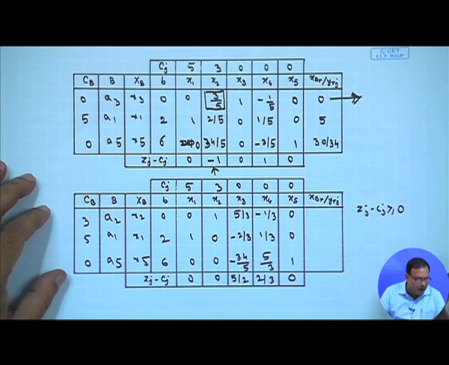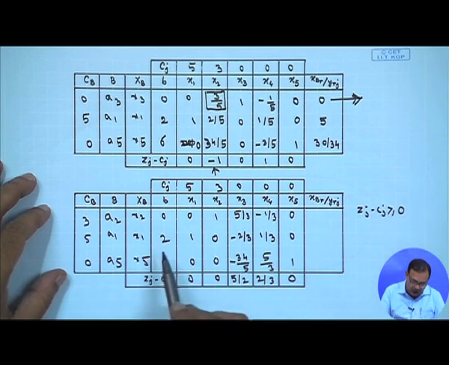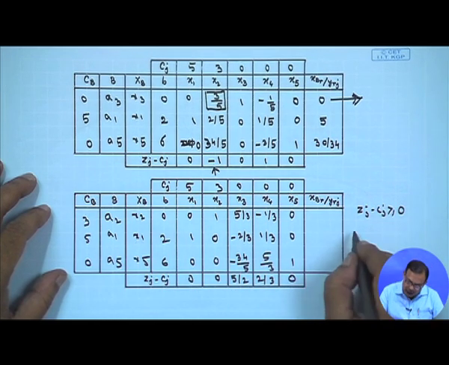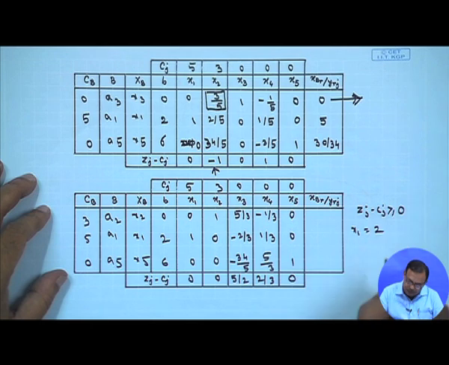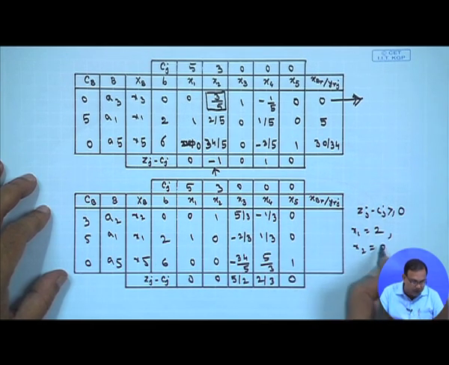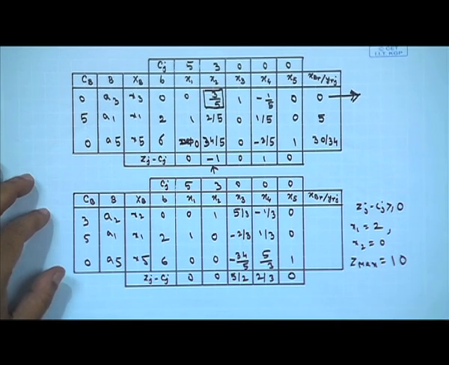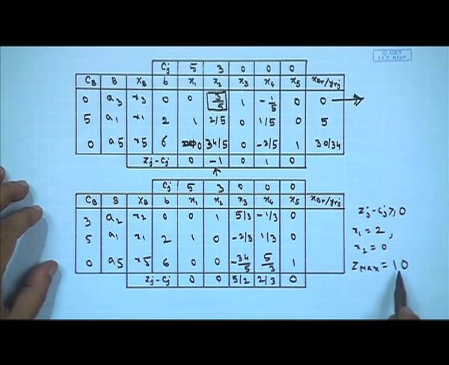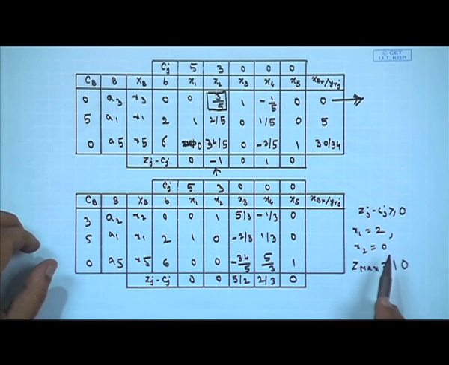Therefore, you will obtain the unique optimal solution. Your optimal solution is x1 equals 2, x2 equals 0 and your Z max from here will be 5 into 2, that is 10. So, you are obtaining the optimum solution. Whenever there is a tie, we have to find out the solution.